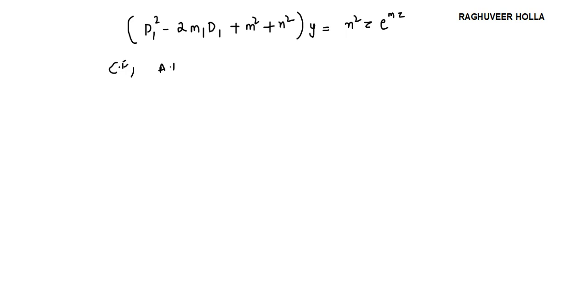So the auxiliary equation corresponding to this, if I write in terms of k, because m is already taken, is k square minus 2mk plus m square plus n square, which is equal to 0.